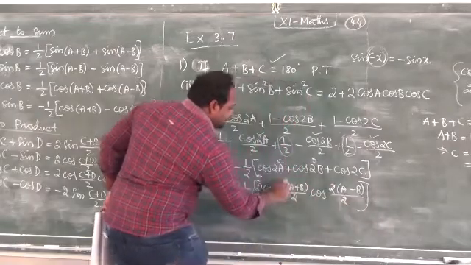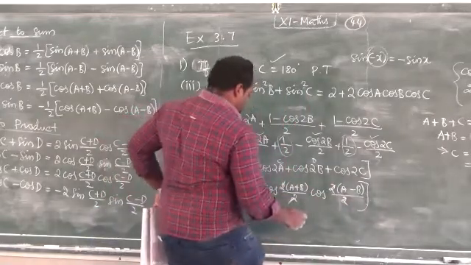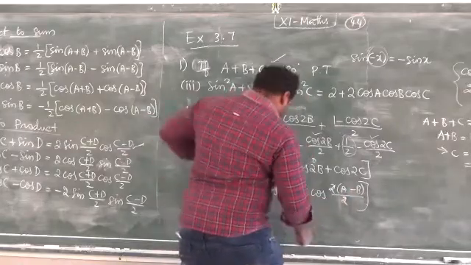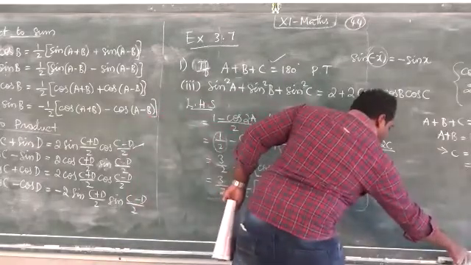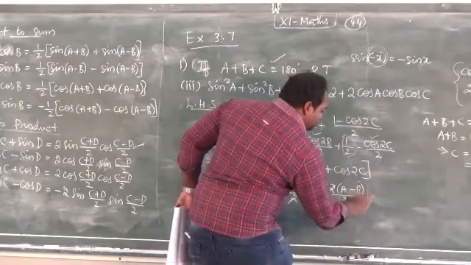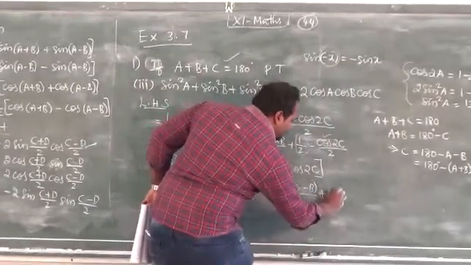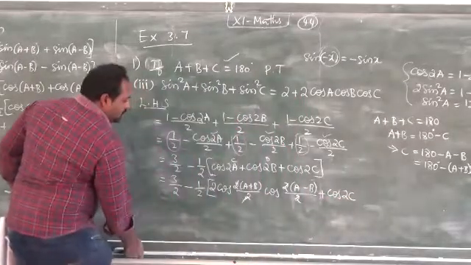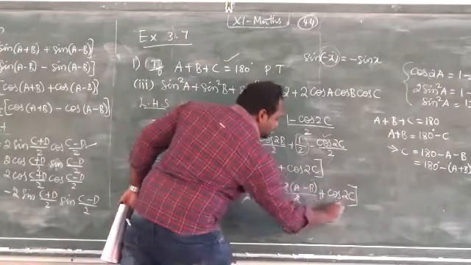Here we have a cancellation. Here the bracket, no need to close it yet, because we have a cos 2c. Now we can close it.